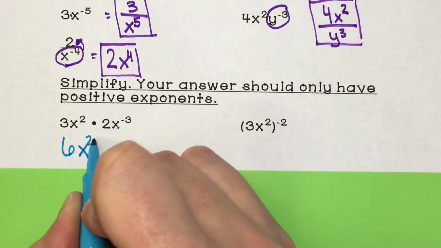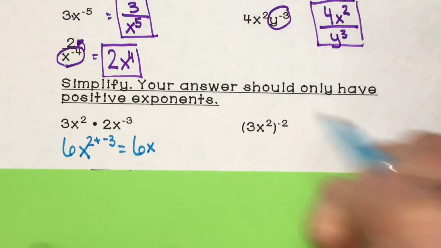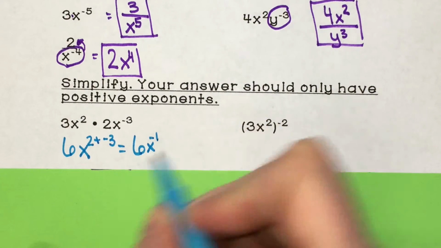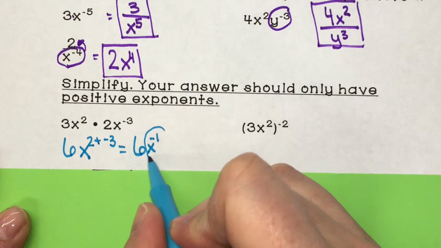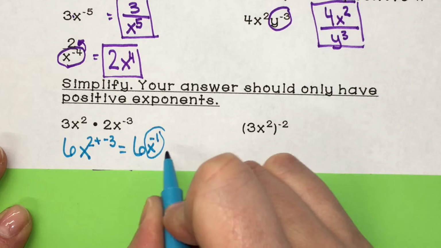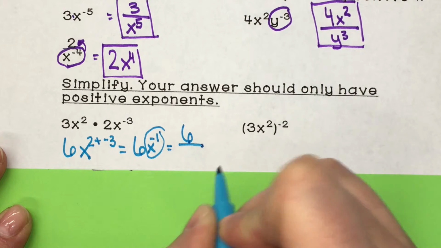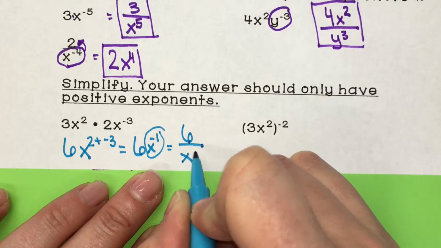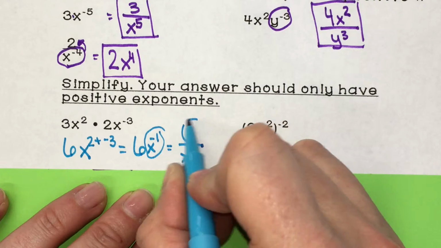So this would be 2 plus negative 3, which gives us 6x to the power of negative 1. 2 plus negative 3 is negative 1. But I want this exponent to be positive, so this part has to move to the other side of the fraction bar. I'm going to put 6 on top, put a fraction bar below it, and x to the positive first, or just x, goes to the bottom.